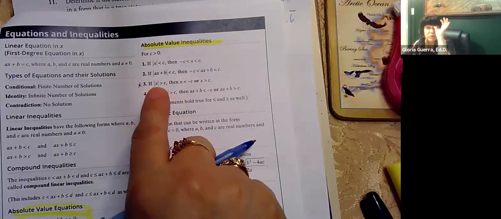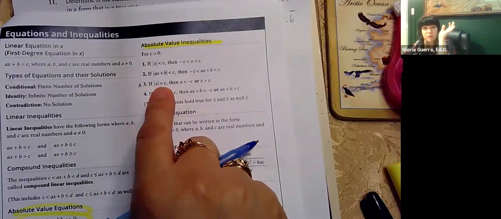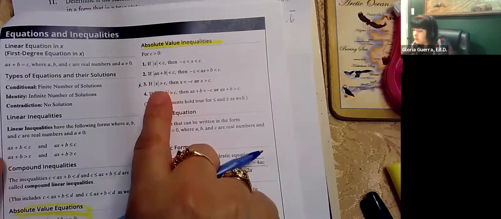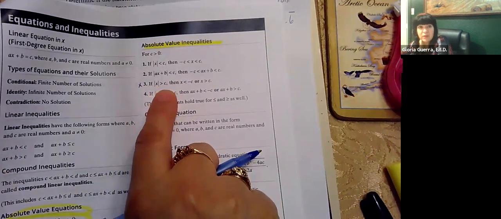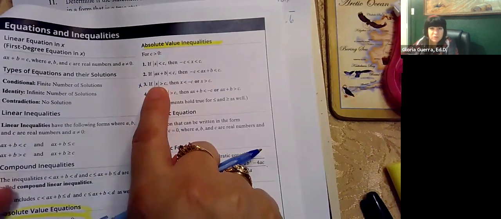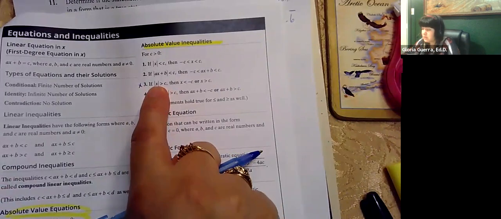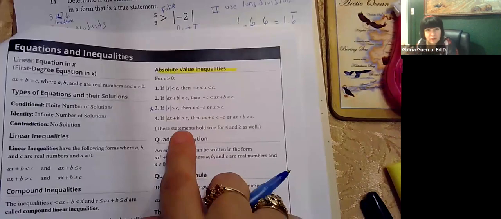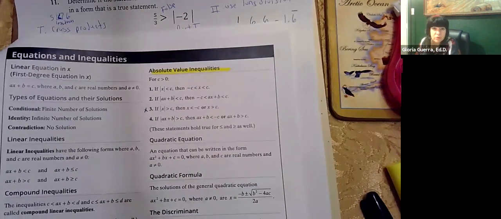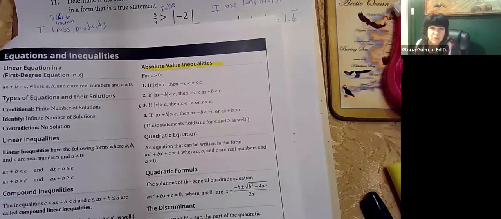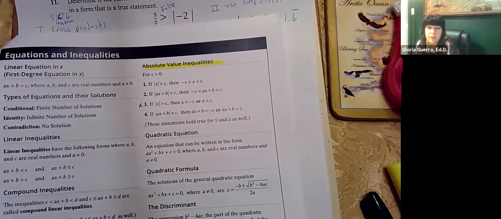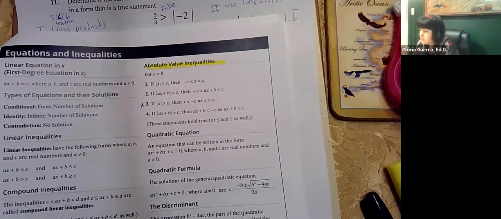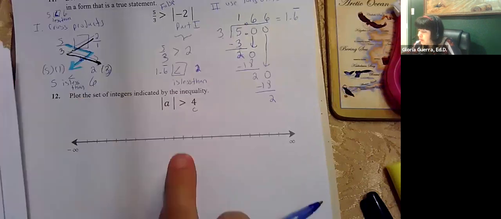This is closest to our form: absolute value of X is greater than C. Don't worry about the uses of X's and A's. The book used an A and this uses an X. They're variables, so don't let that worry you. Absolute value of X is greater than C.